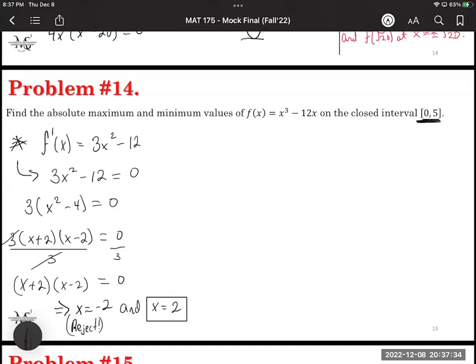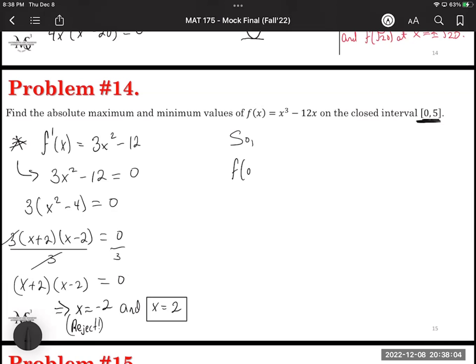It might not happen on your exam, but it's a possibility that you don't reject anything at all and both critical values are in the closed interval. But if one of them is not inside of the interval, you reject it. So you only evaluate the original function at the endpoints and that one critical value that I put a box around, x equals 2.